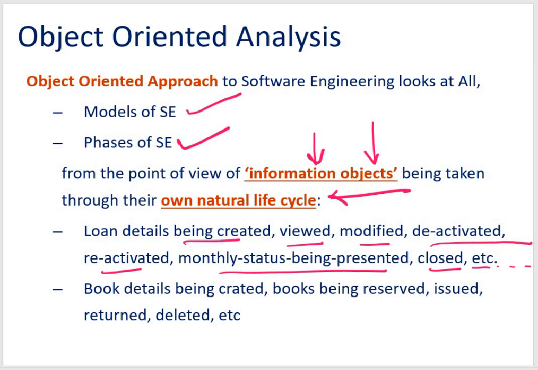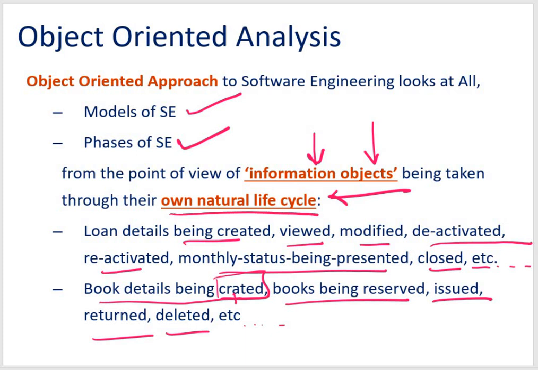Similarly, for library management, book details being created, books being reserved, issued, returned, deleted, and so on. So what we are talking about is the object's own natural life cycle.